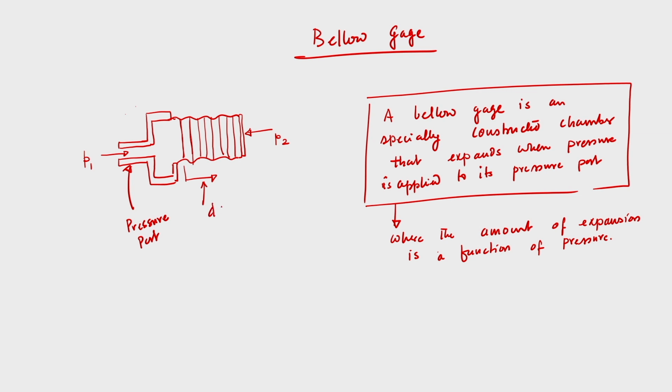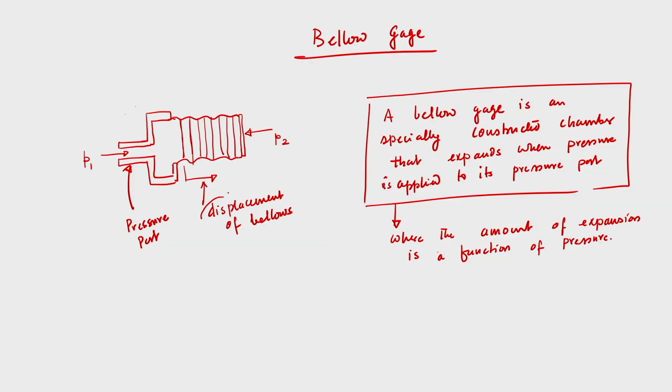So, now this displacement of bellows, that is what we need to measure, that is the expansion of the chamber. Now, this expansion we need to correlate with certain quantities so that we can measure, because expansion is a function of the pressure.